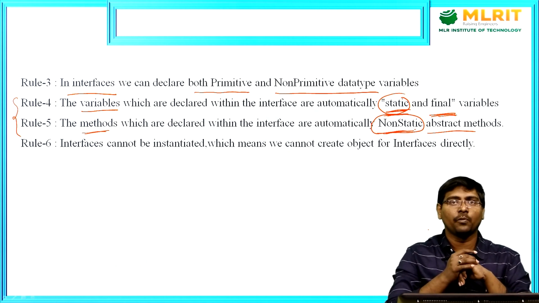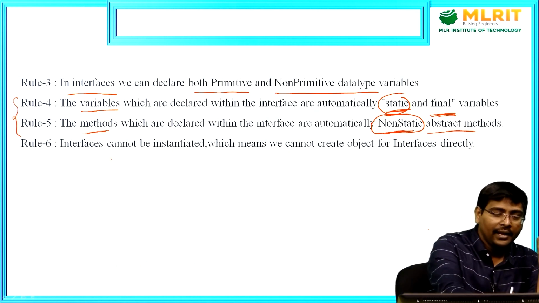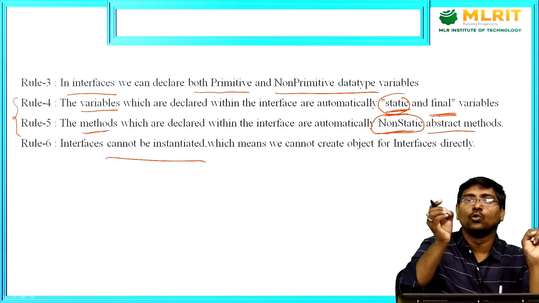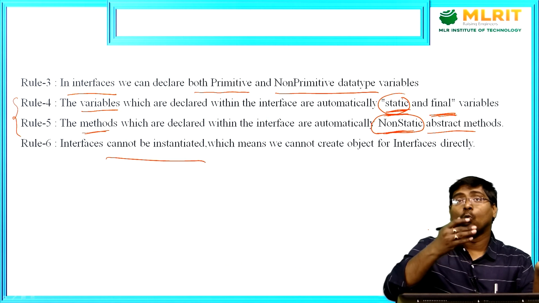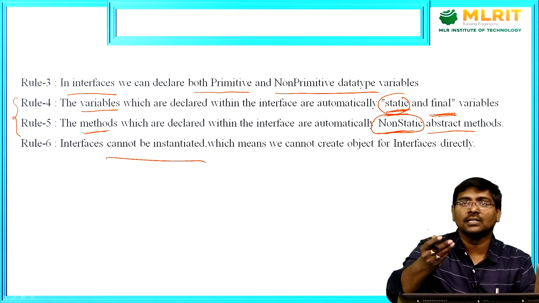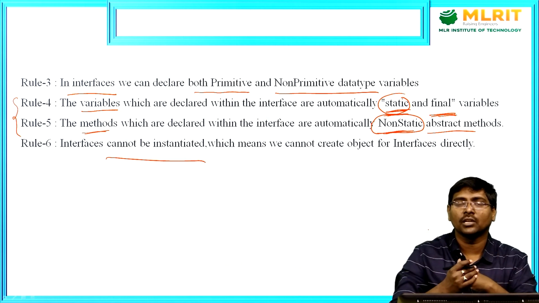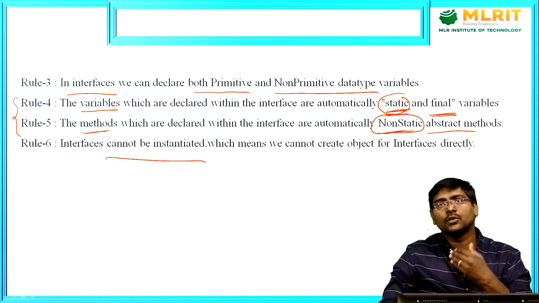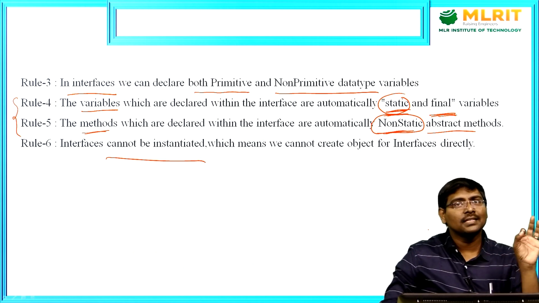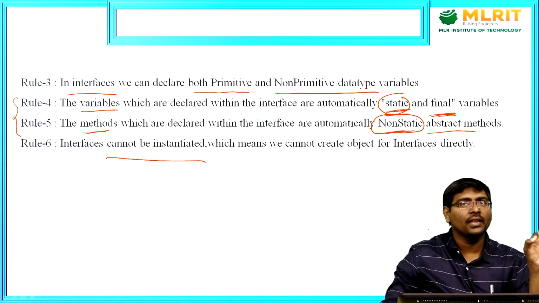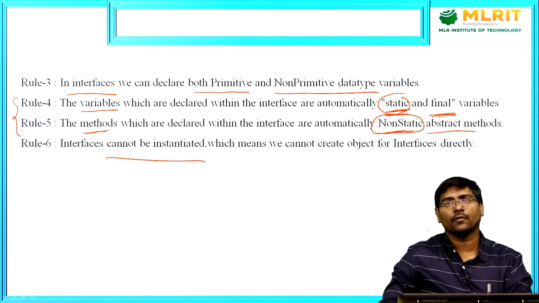And the last important point is that it is not possible to create an object. Already we discussed why: the interface consists of methods without definition. Even if you create an object, how can we access the method? It is not possible. So, it is not possible to create an object for the interface.